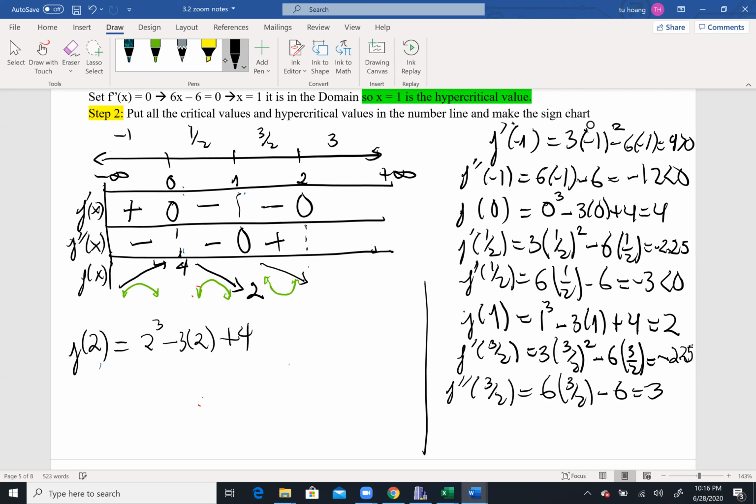That gives me 8 minus 6 plus 4 equals 6. And then I'm going to put a 6 here. Is that correct? No, something was wrong. Let me check.